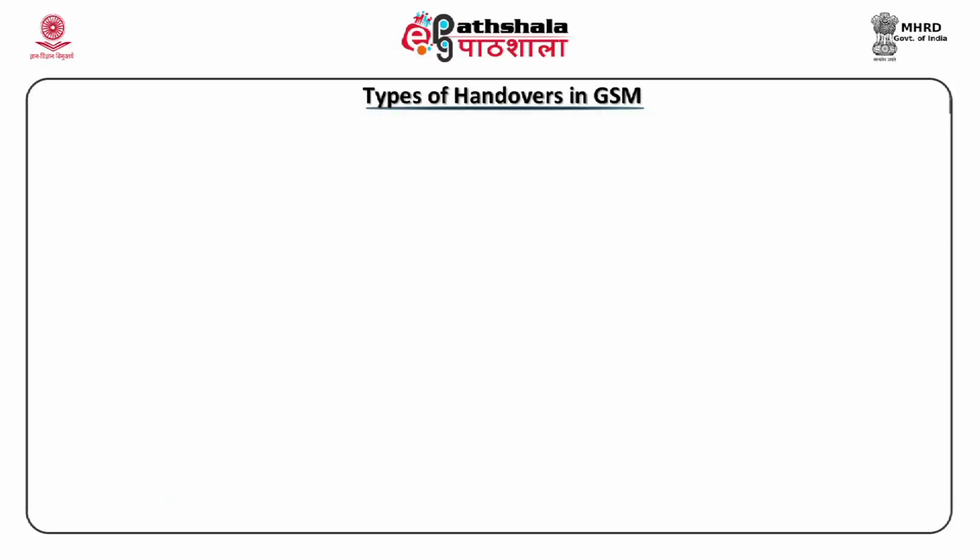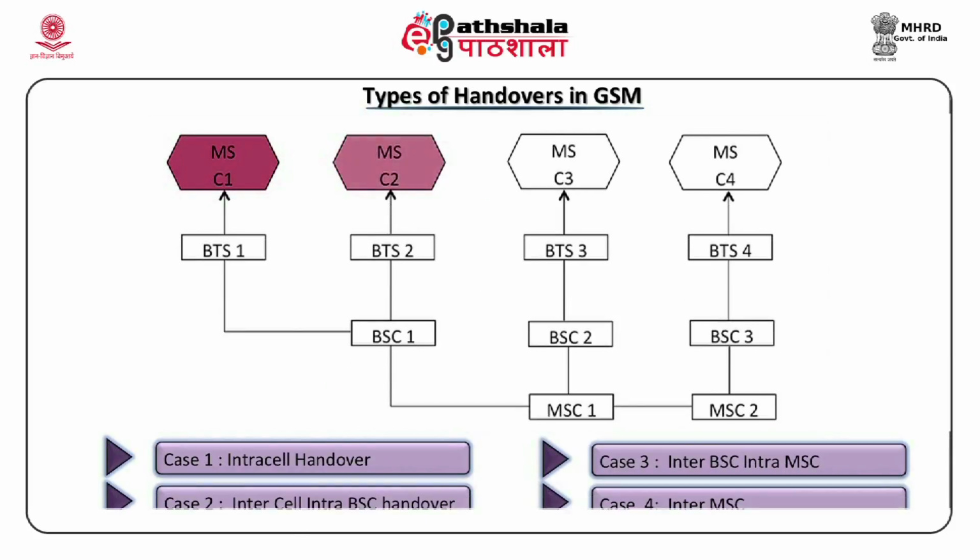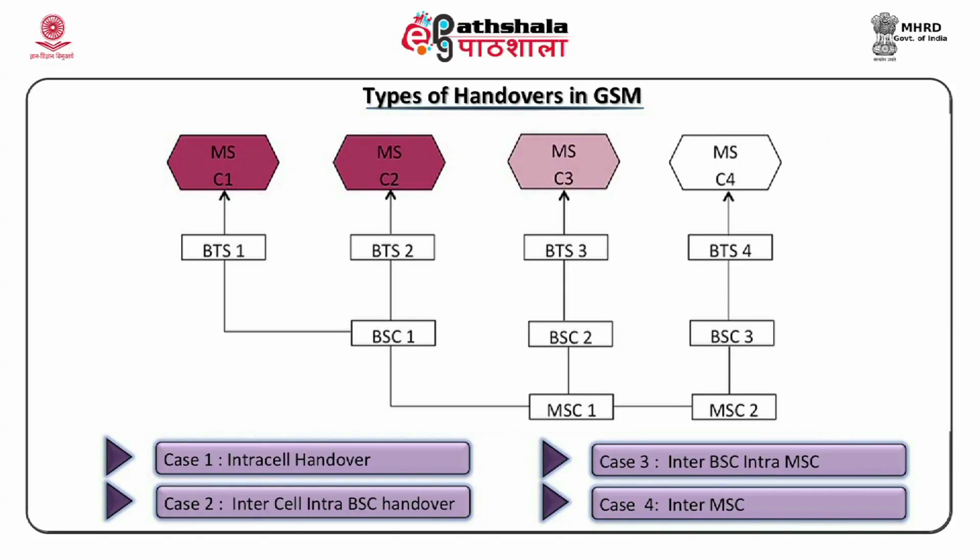Just look at the diagram shown in the PPT. You can see that there are 4 cells C1, C2, C3 and C4, belonging to 4 BTSs, that is base station transceiver systems. BTS 1 is controlled by BSC 1, that is base station controller, BTS 2 is controlled by BSC 2, BTS 3 is controlled by BSC 3.